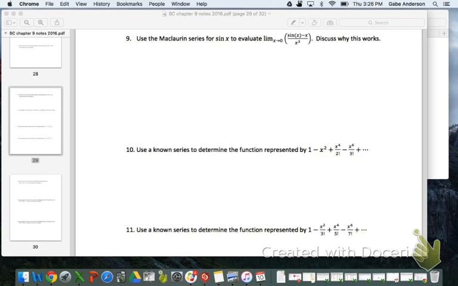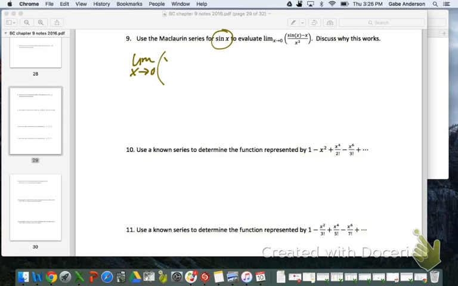Okay, so for number 9, it says use the Maclaurin series for sine of x to evaluate that particular limit. So let's give it a shot. Limit as x goes to 0 of, in place of sine of x, I'm going to put that Maclaurin series for sine.